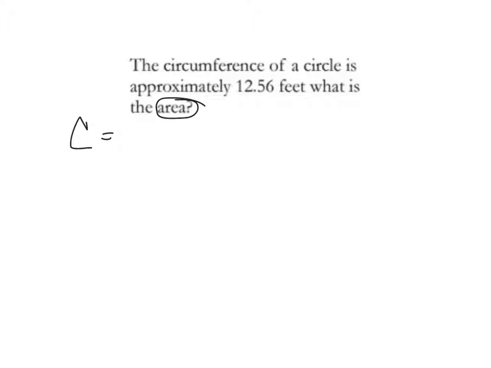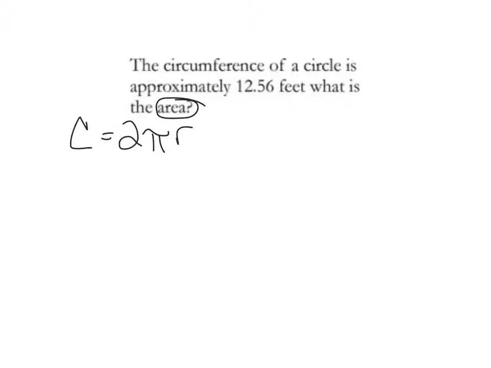When we find area, we need what part of the circle? So it is radius that you need for area. So you need 2 pi r, because you need the radius and you want to find what the radius is.